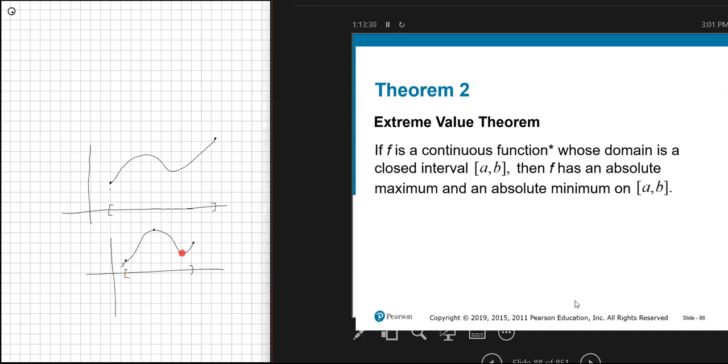But at this point over here, we have a local minimum, but it isn't an absolute minimum. So an absolute extreme could be a local extreme. But if the extreme is at the endpoints, then those aren't local, because local has to be inside the interval.